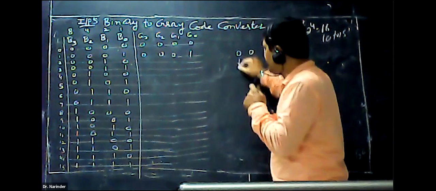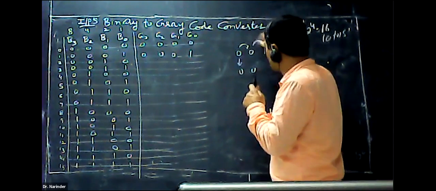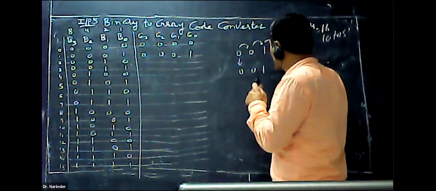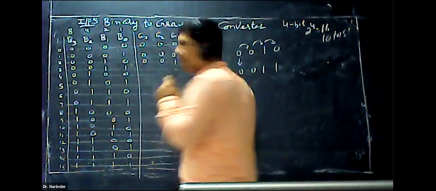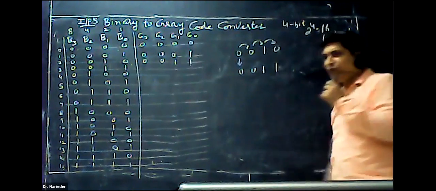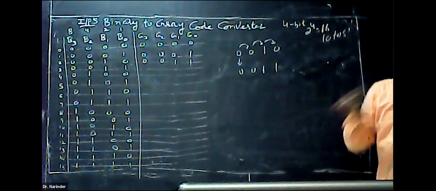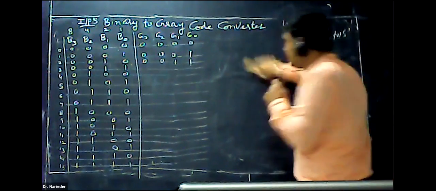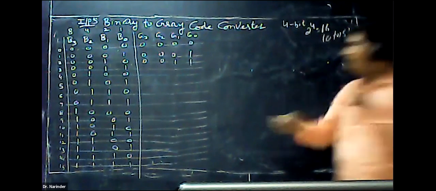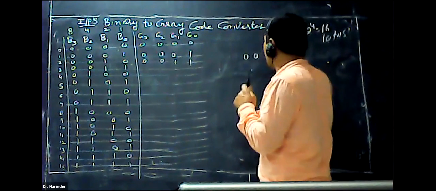So that would be 0, 0 plus 0 is 0, 0 plus 1 is 1, 1 plus 0 is 1. So it would be 0, 0, 1, 1. So that's why while we number in the K-map, instead of 2, we write 3.